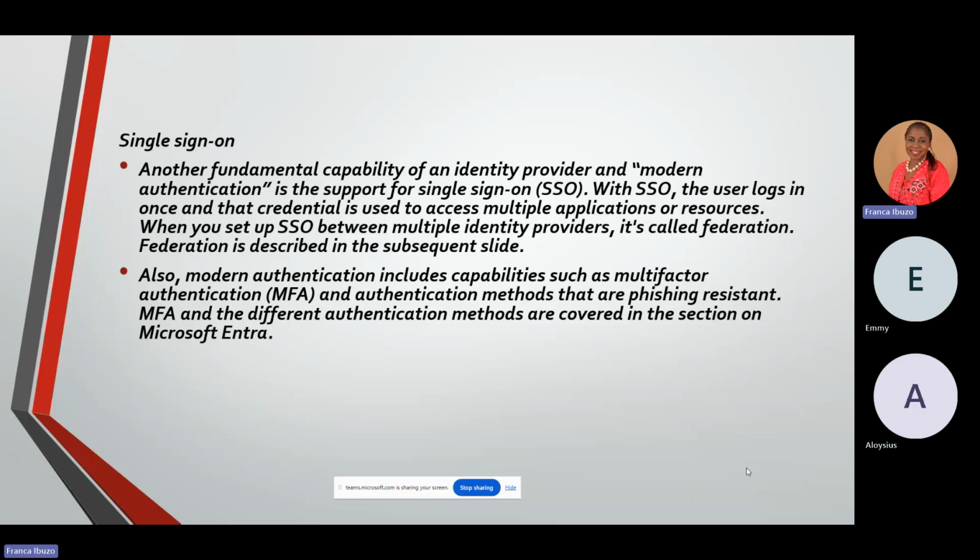You do it more than once. It doesn't just ask you for your password, because password is one verification. Aside from the password, it will ask you for another verification. It can send a code to your phone to verify. That's an additional verification. That's why it's called MFA, multi-factor authentication.